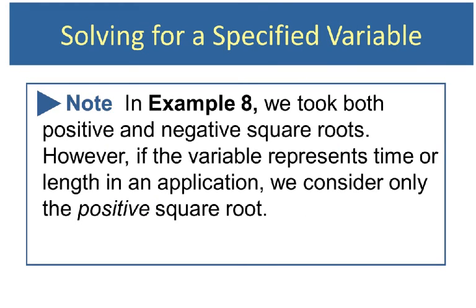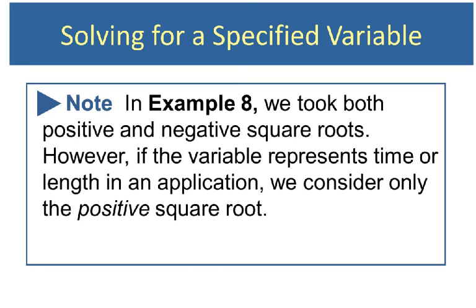One thing I wanted you to note is that in example 8, that last example, we took both positive and negative square roots of the right side of the equation. But in the application problems that we'll be doing in the next section, many times we'll be representing time or a length of something that we're asked to find.